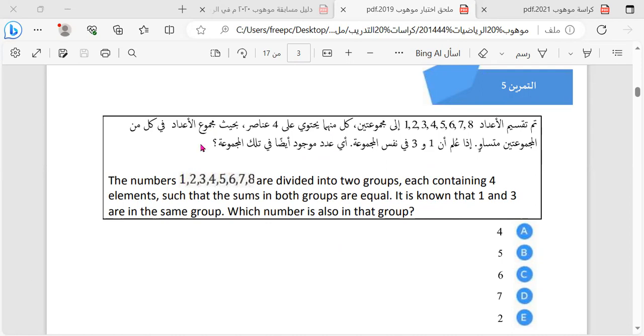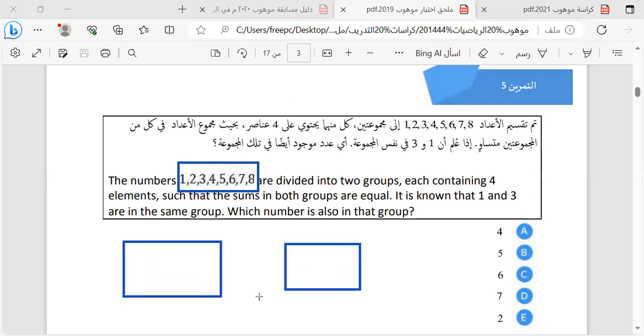Okay, look here. We want to divide it into 2 groups, the first group and the second group, and we want the groups to be equal. How do I know?